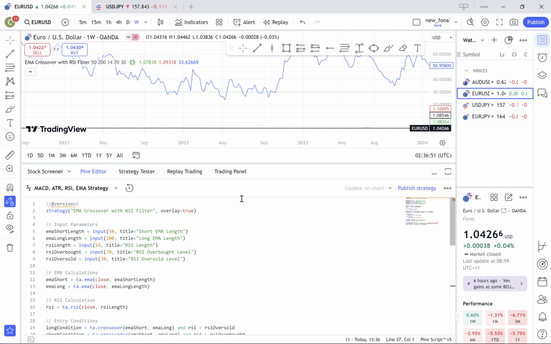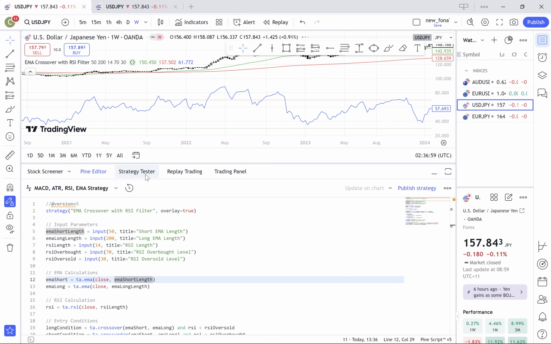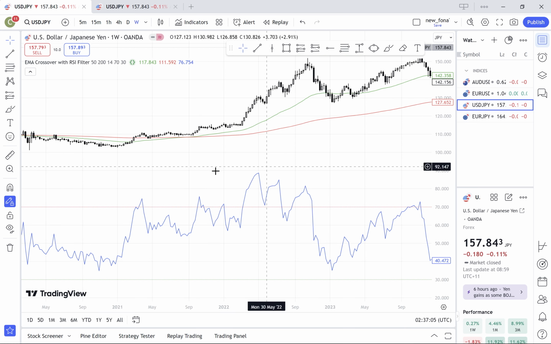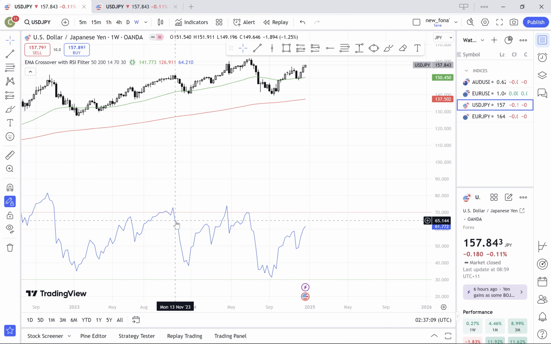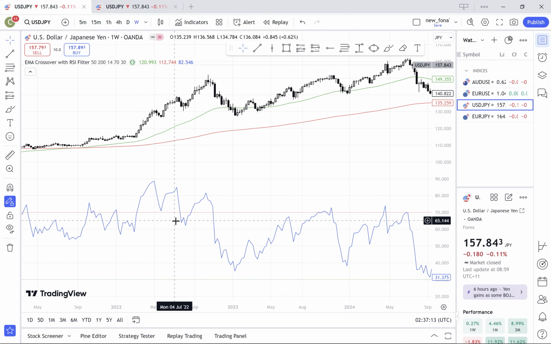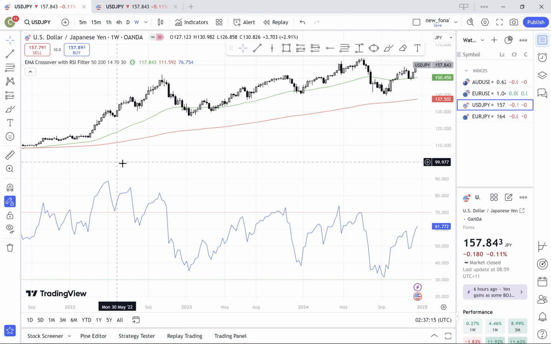Okay, it doesn't. Let's go into USD JPY. Let's see. All right.